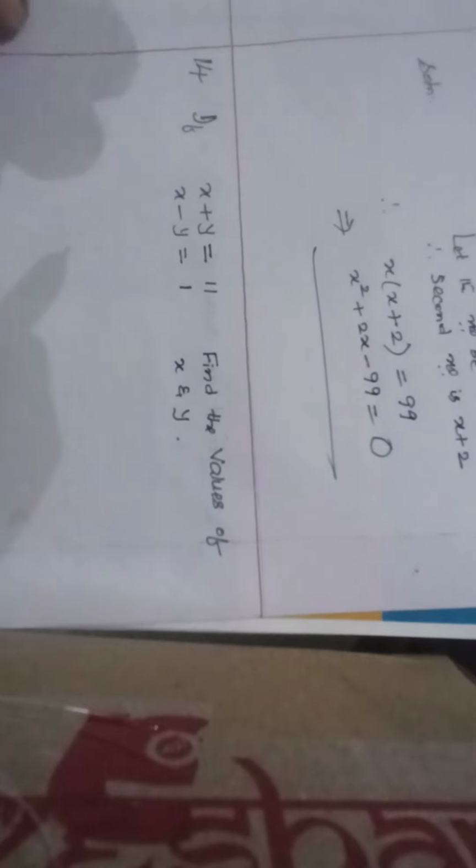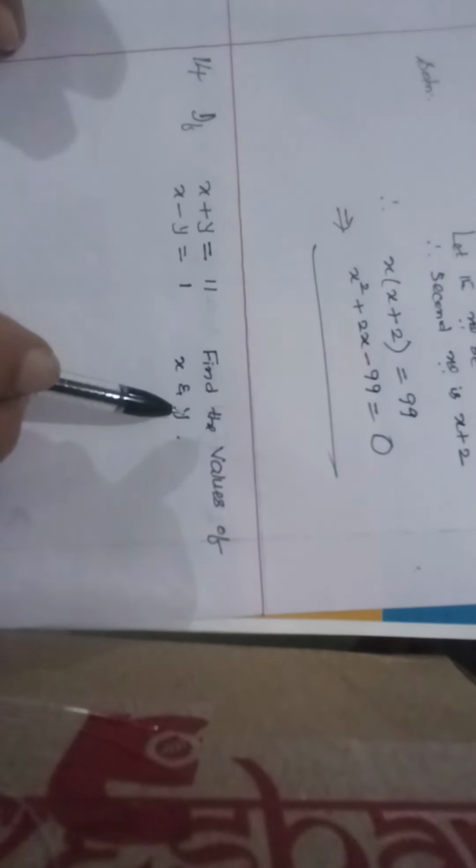14th one. If x plus y is equal to 11, x minus y is equal to 1, find the values of x and y. Even if the same question is asked as a fill-in-the-blank type, x is equal to dash, y is equal to dash, you can write directly x plus y is equal to 11, x minus y is equal to 1.